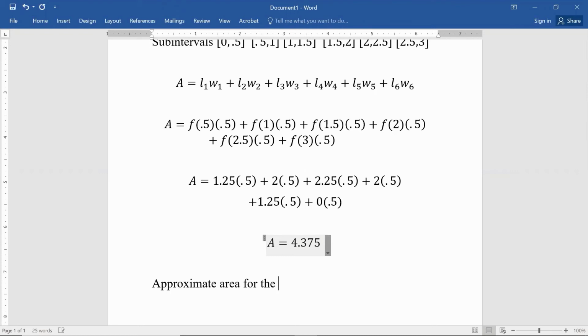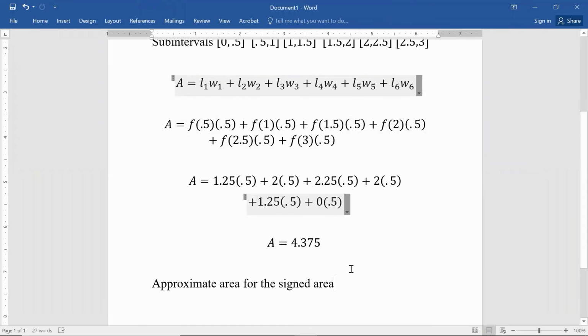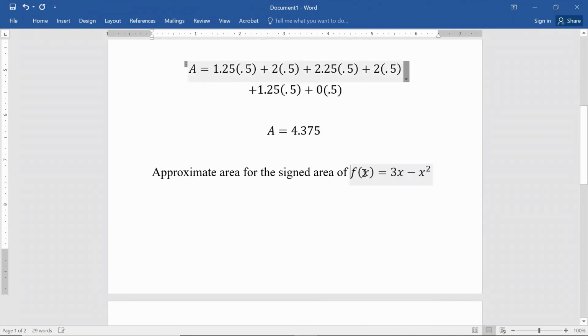So the approximate signed area of this function using 6 rectangles is 4.375. So there you go. That's how you can approximate the signed area using rectangles.